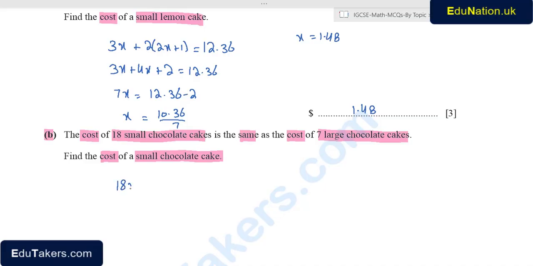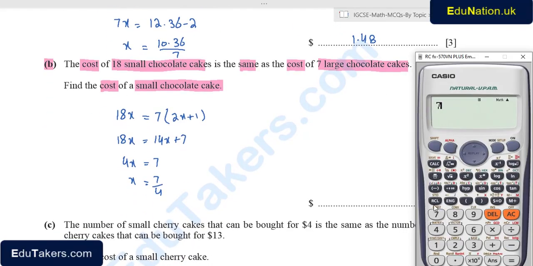This will be 18x, and this is the same as the cost of 7 large chocolate cakes, equals 7 into 1 large chocolate cake costs 2x plus 1. 18x equals 14x plus 7, then 4x equals 7 and x equals 7 over 4.